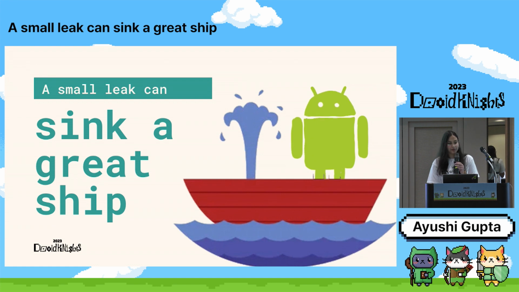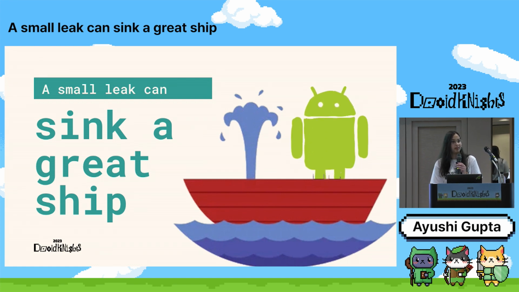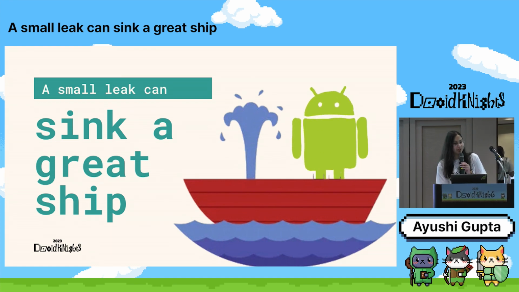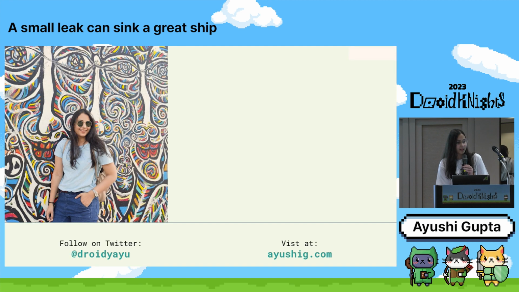So, fasten your seatbelts as we navigate through the treacherous waters of memory management in app development. Let's ensure that our apps stay afloat and, most important, provide an exceptional user experience.